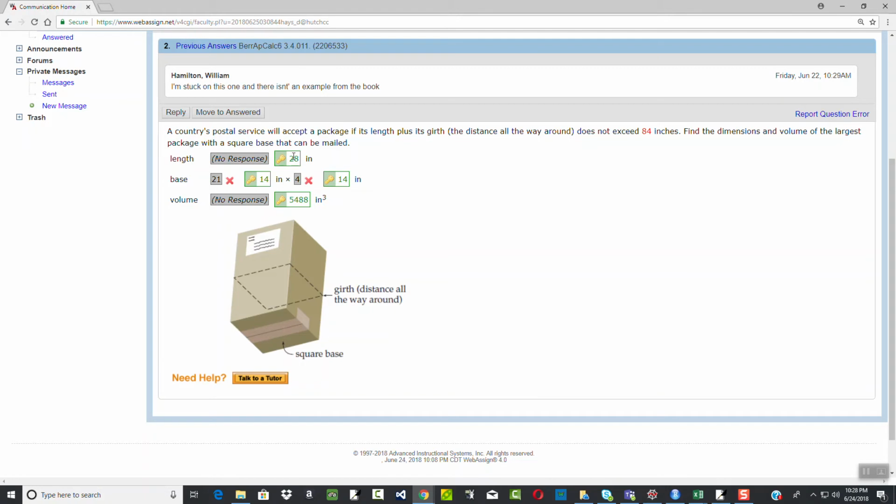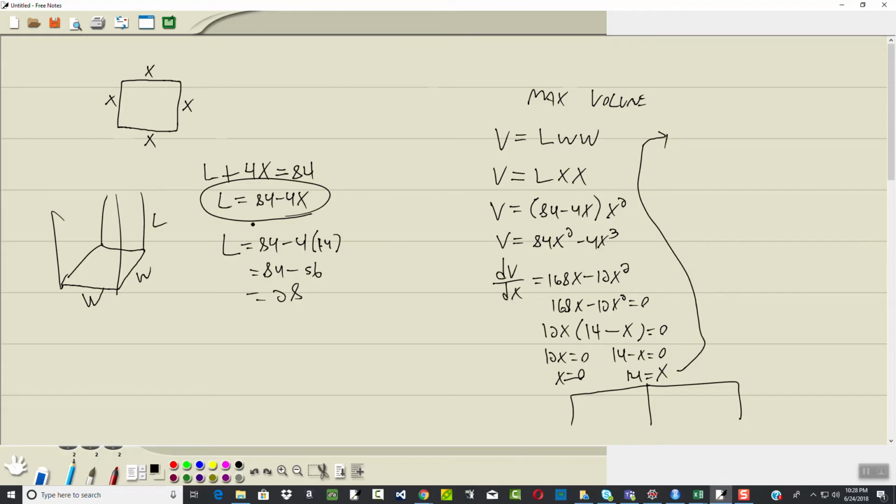That's where the 28 comes from. Now our volume. Our formula for volume was right up here. So volume is equal to our length, which is 28, times our width, which is 14, times our width, which is 14, and that will give us our final answer.